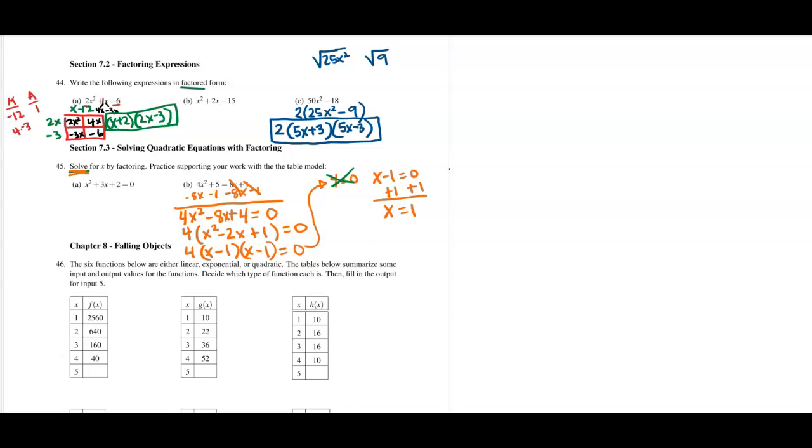I get a repeated solution, but I only need to write that solution down once. So my answer on this is x equals 1. And again, whenever you're solving, you can always check it by substituting that answer back in place of x and see if you get a true statement, right? If one side of the equation equals the other. Okay, and that will work on there.